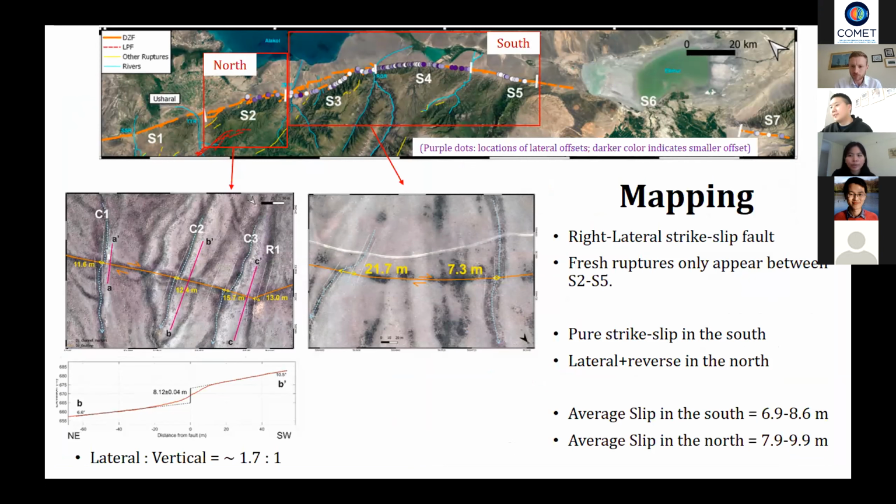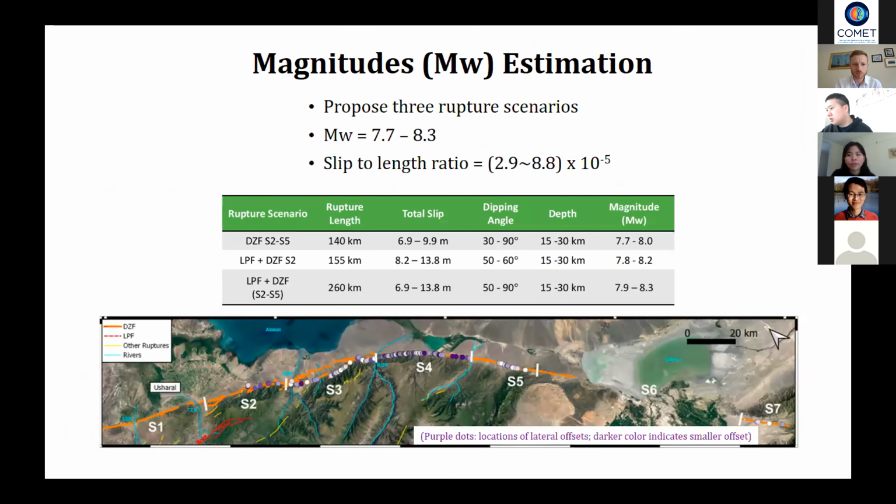As for the northern parts, the average slip is harder to tell, but we found the ratio of lateral to vertical slip, which could help us do this estimation. By assuming the sensitivity vector and using this ratio, we calculate the average slip in the north to be 8 to 10 meters. Although we couldn't be sure about the exact rupture length, we suggest all possible rupture scenarios and found the magnitude for the last event here to be 7.7 to 8.3.